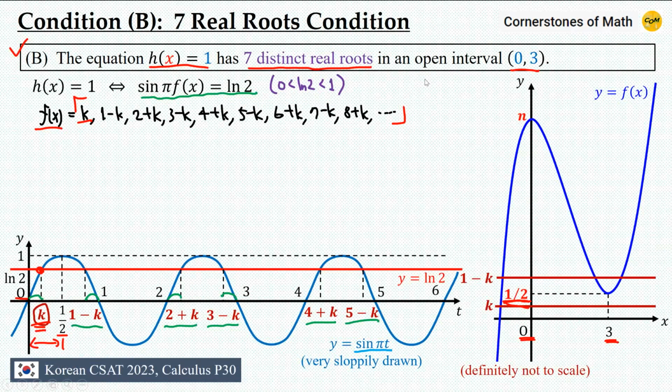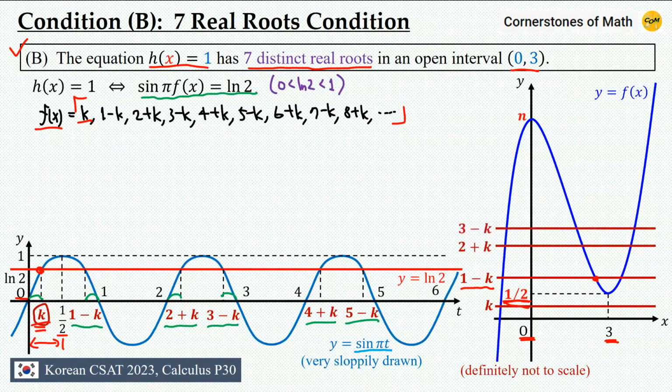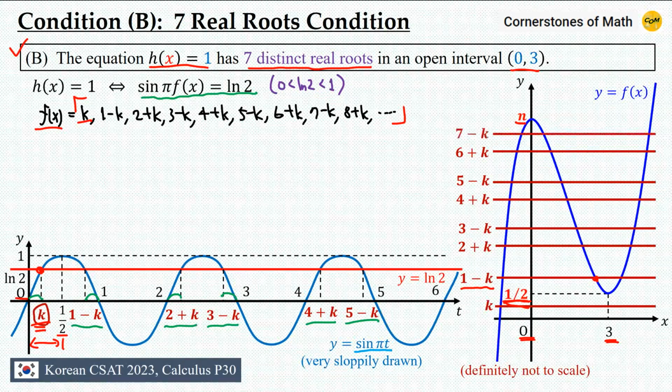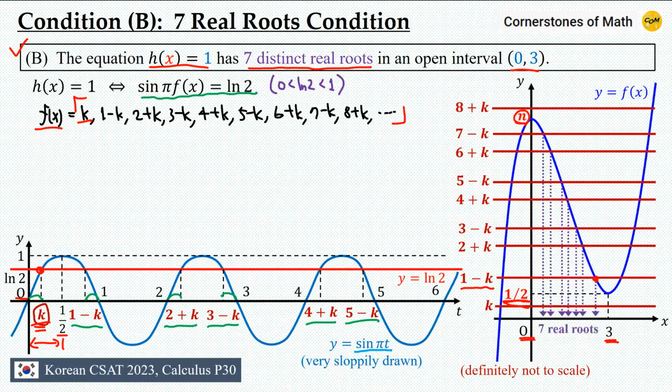And these 7 values must be, the first one is obviously this 1 minus k, then 2 plus k, and 3 minus k, 4 plus k, 5 minus k, 6 plus k, and the 7th one, which is the last one, below this local maximum value n, must be 7 minus k, and the next one, 8 plus k, must be above n, so that these x-coordinates of the 7 intersection points are the 7 distinct real roots in the aforementioned interval.